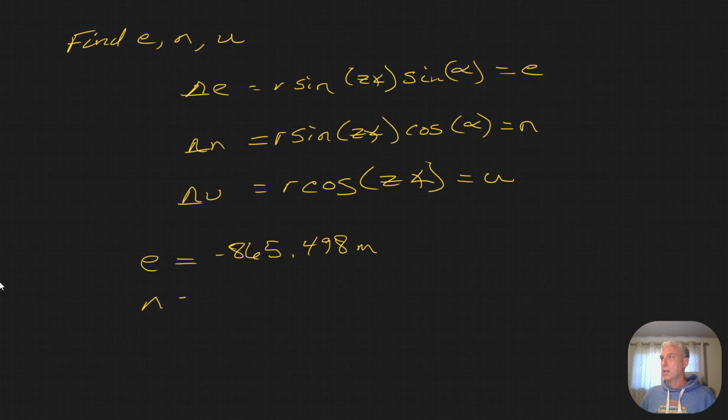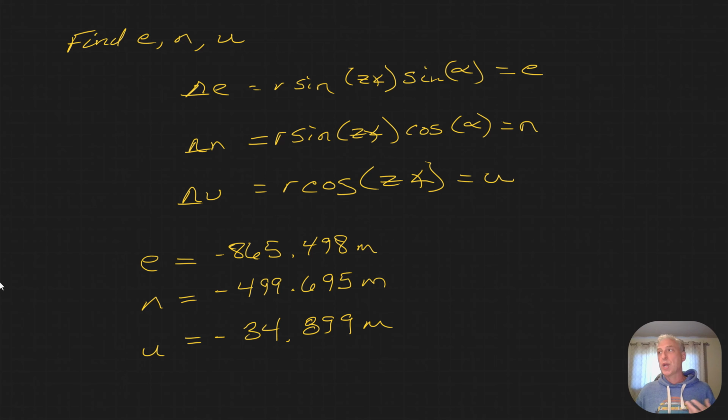And our N is equal to minus 499.695 meters. And our up is equal to negative 34.899 meters. And as always, we want to check these values, just eyeball them to see if they make sense.